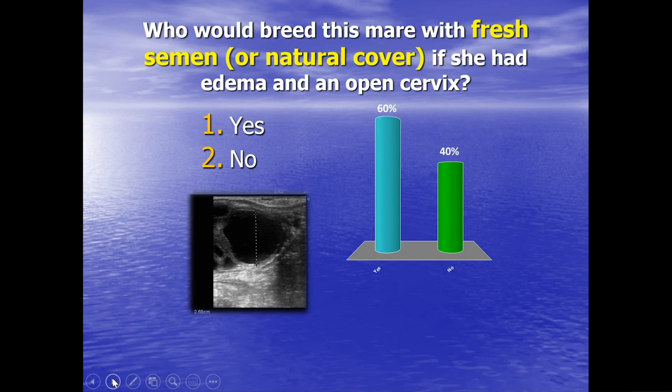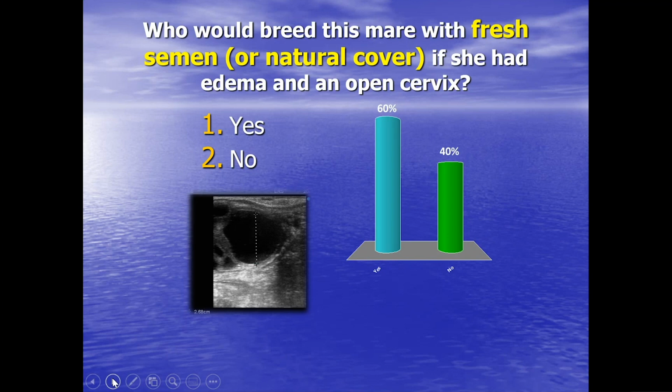60-40 split. Okay, folks, I would very firmly be in the camp that if I monitored this mare, she had a nice open cervix, I saw this 28 millimeter follicle, soft, changing shape, she was standing to be covered, we'll cover this mare, because semen lives, with natural covering, a minimum of 3 days, 4, 5, several stallions' live 6 days.